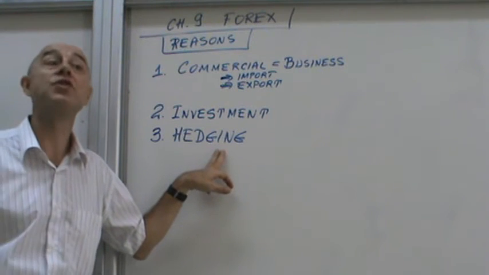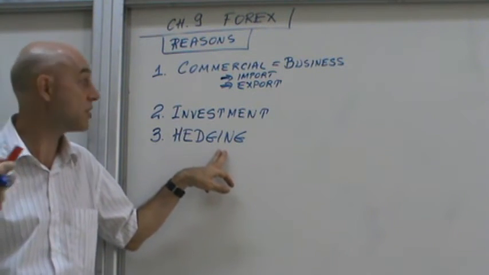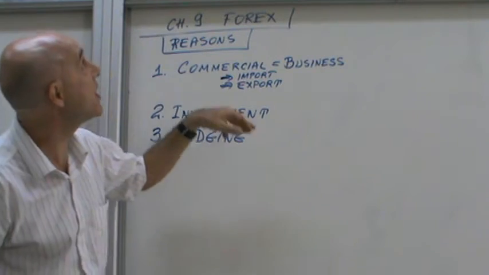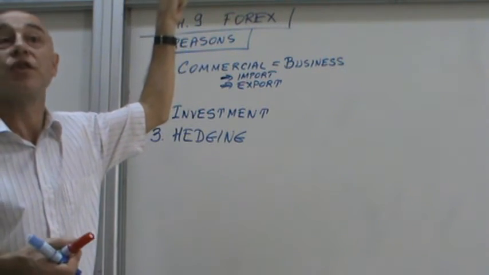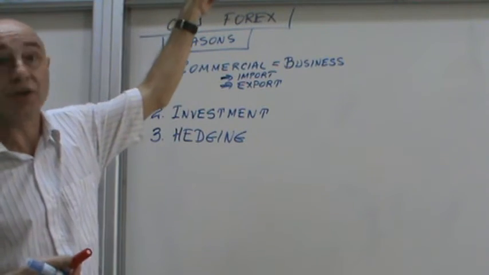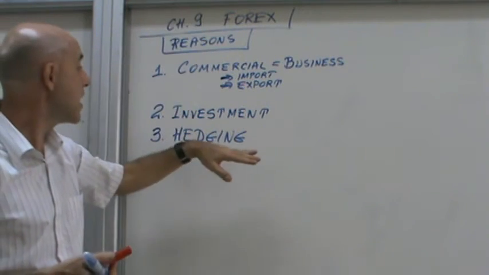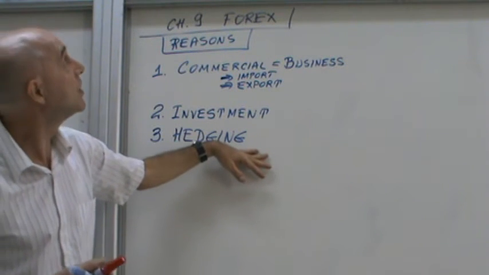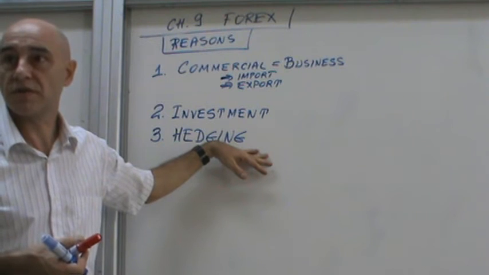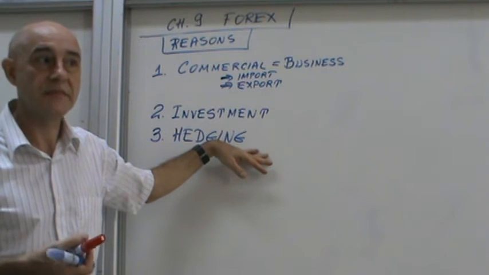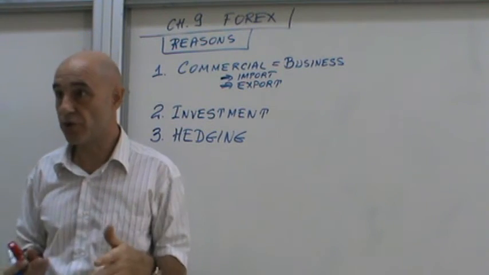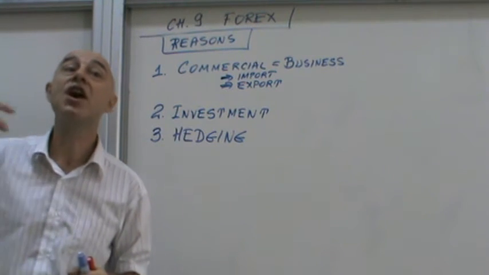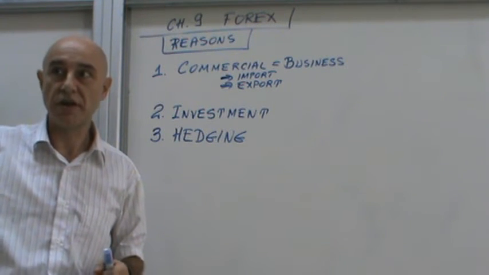You want to hedge when you convert your currency back to local currency or to dollars. So, hedging is associated with expected future net position or expected future net exposure, and hedging is reducing a current or future currency exposure. That's hedging. You reduce your current exposure or you reduce an expected future exposure.